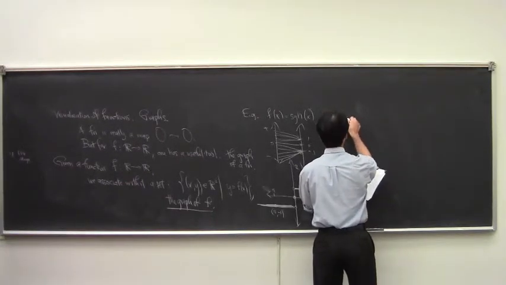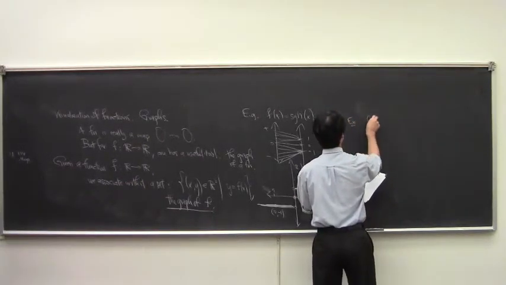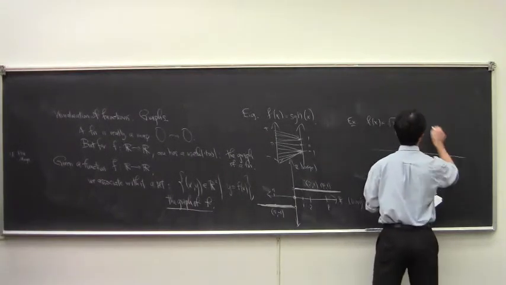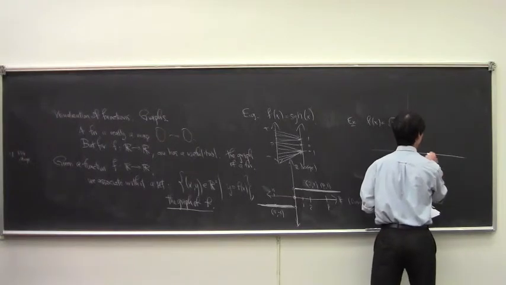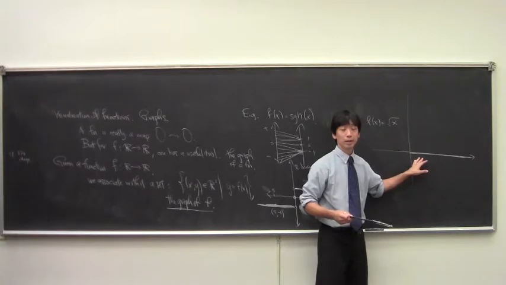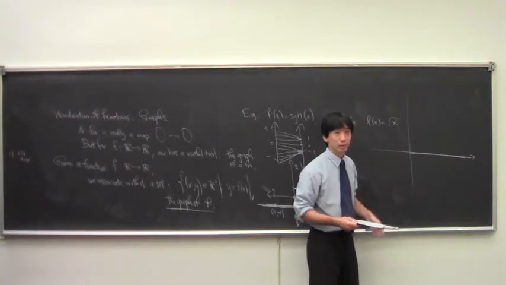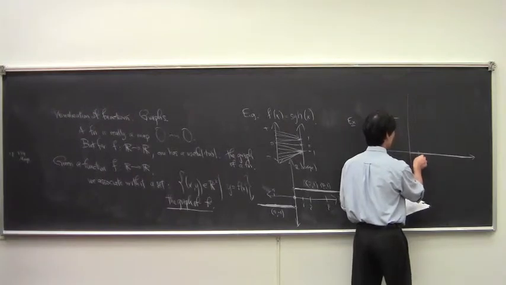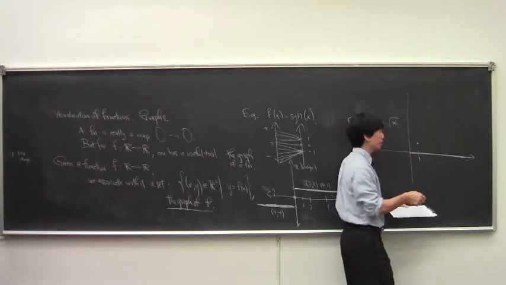So another example. f of x is the square root of x. Then your domain is the non-negative reals here. And let's just do it the more straightforward way. If this is 1, then I'm going to go up to the square root of 1, which is 1.